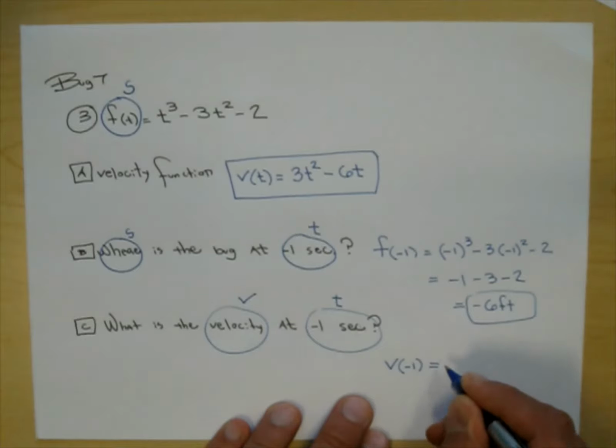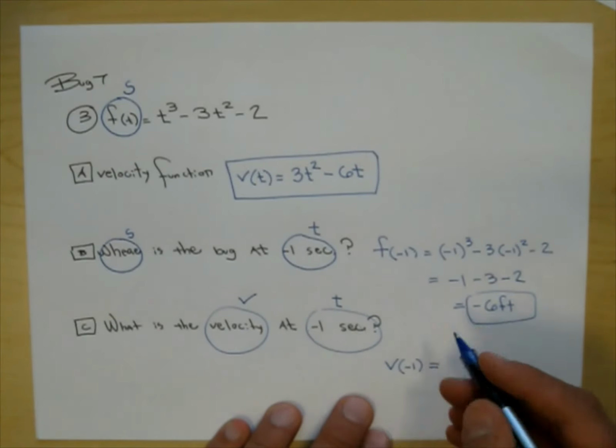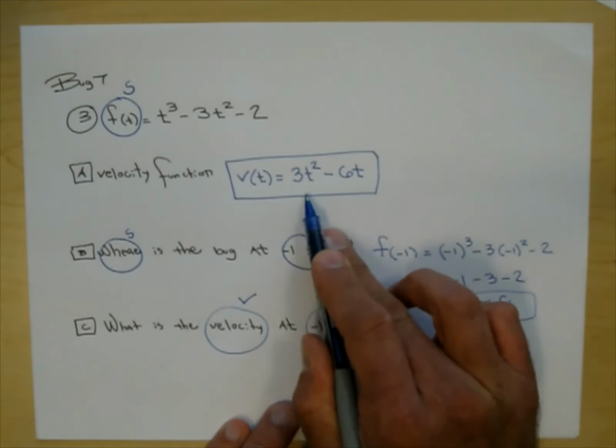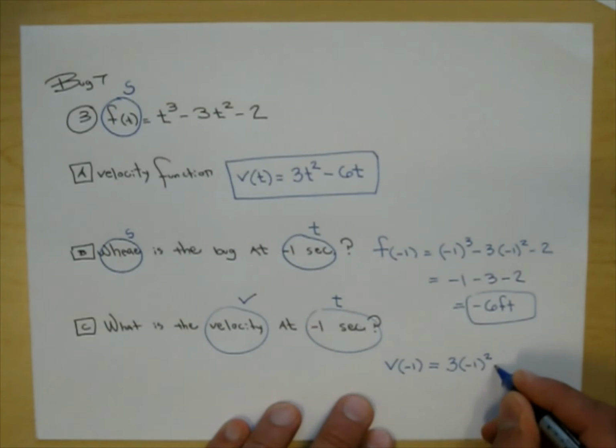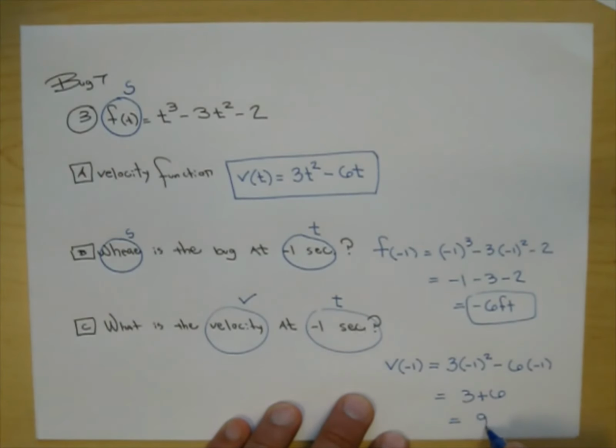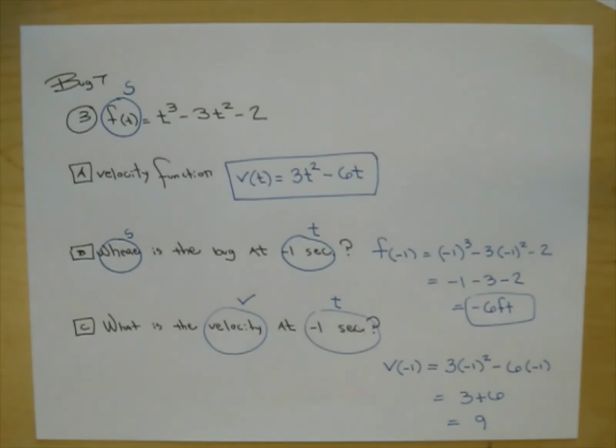So the velocity at -1 is 3 times -1, I'm plugging it into this function here, squared, minus 6 times -1. So this is going to be 3 plus 6, 9, and we have to put the correct unit on there. This is a velocity, so this is feet per second.